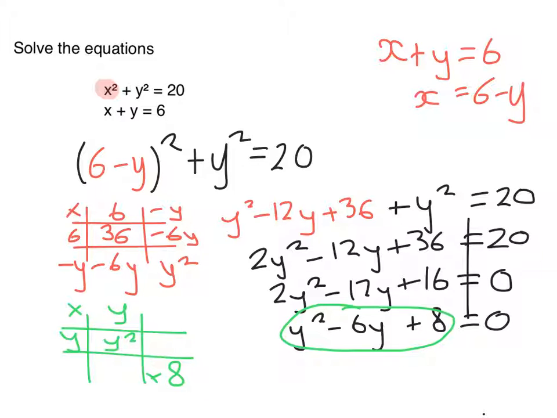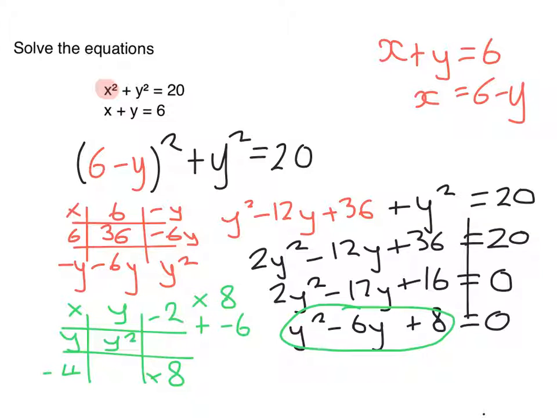So I'm looking for two numbers that times to give positive 8, and they add to give negative 6. So that's going to be negative 4 and negative 2. Two numbers that times give 8 are 4 and 2. Can I make 6 with those? Yes. So it's going to be negative 4 and negative 2.